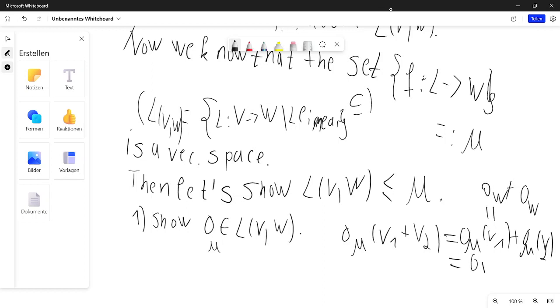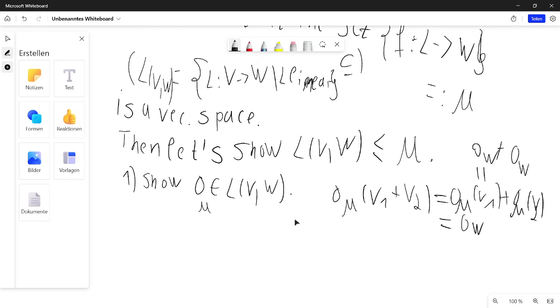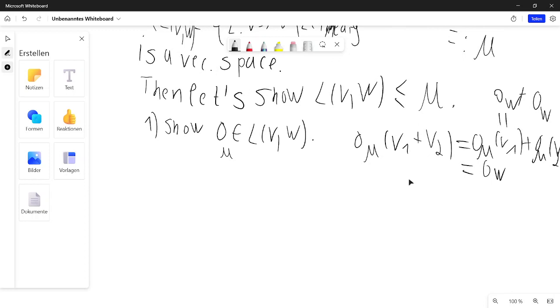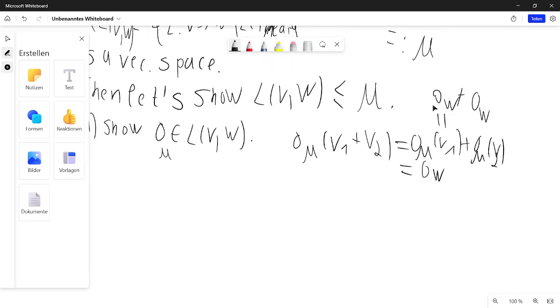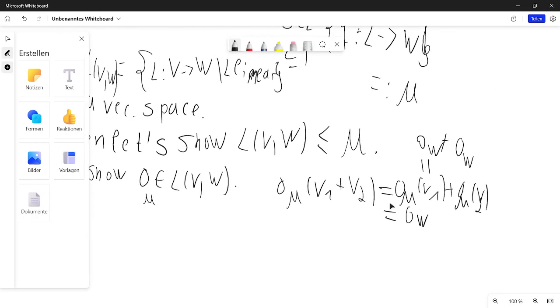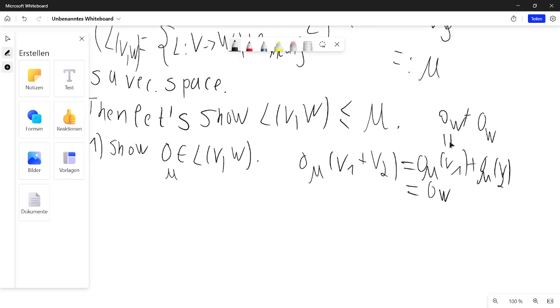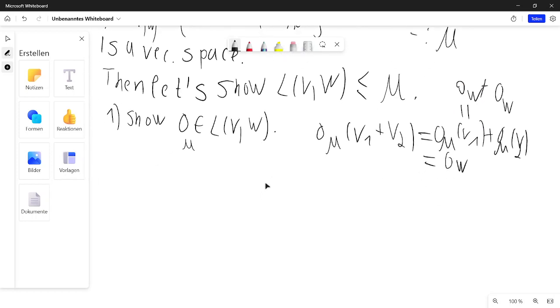Okay, that is of course 0 W, right? That was the function 0 M in this set that was applied to the respective vectors, and it gave respectively 0 W, because it gives that for any vector.